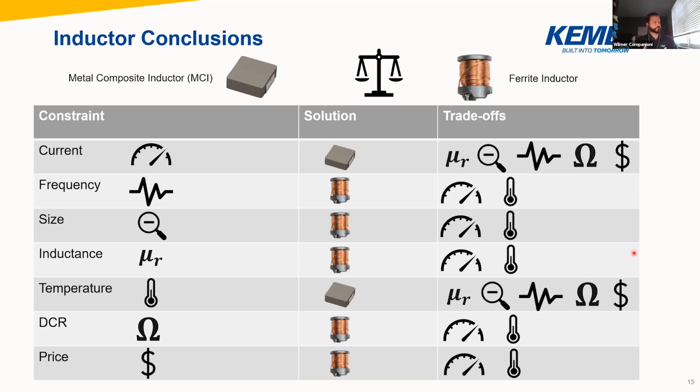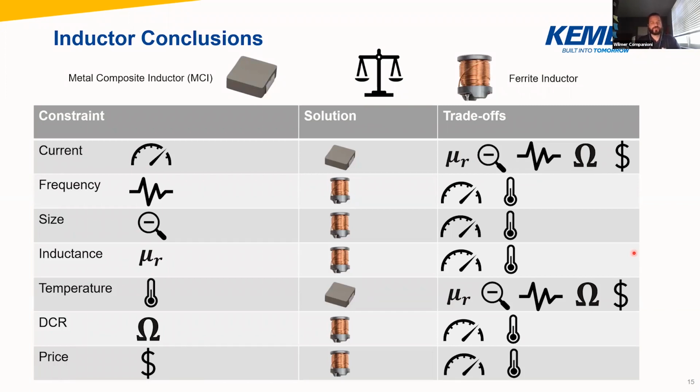But in general, when you select whatever your more important constraints are, that is what should go on to determine what particular inductor technology you use. But then keep in mind that you may be trading off some other things. So let's say current is one of your more important design constraints. You need to operate on those higher current conditions.